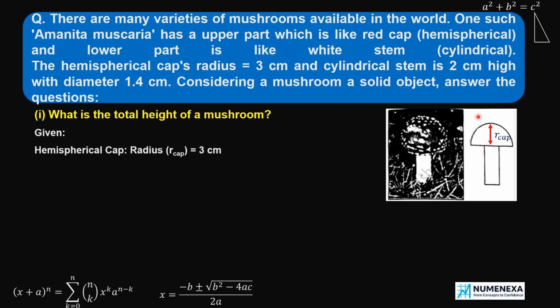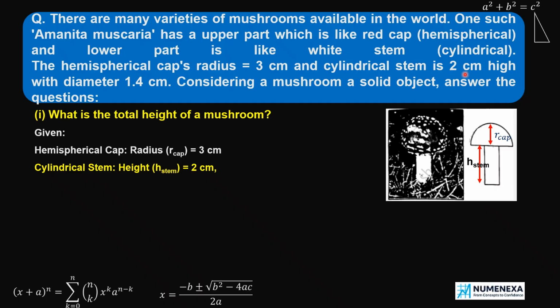So this top part is the hemisphere and the radius of this is, say, r cap, and it is given to be 3 cm. The next one, the cylindrical stem: the height for the cylindrical stem is given to be 2 cm.